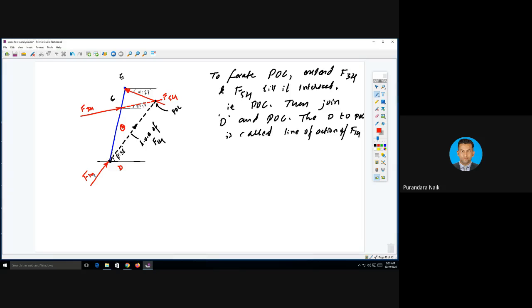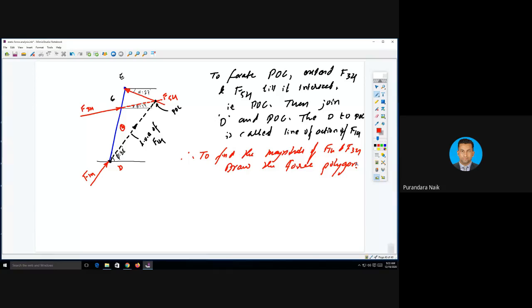Now we can draw the force polygon to find the magnitudes of F14 and F34. If you have any doubt, please ask.